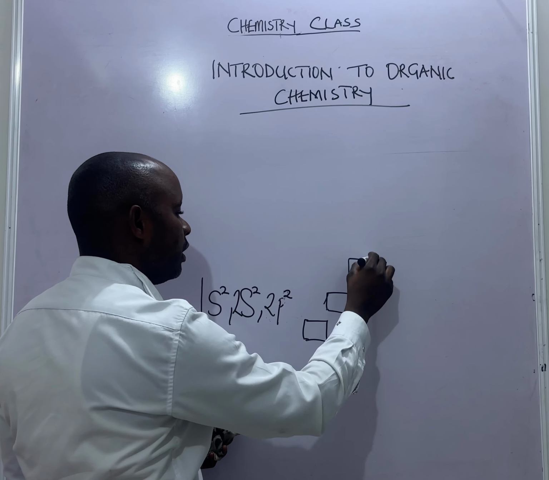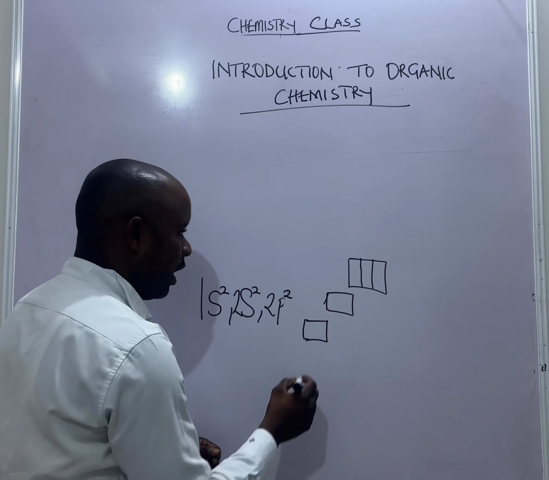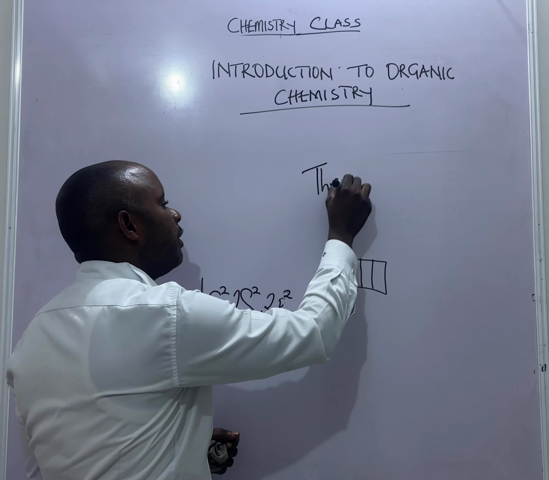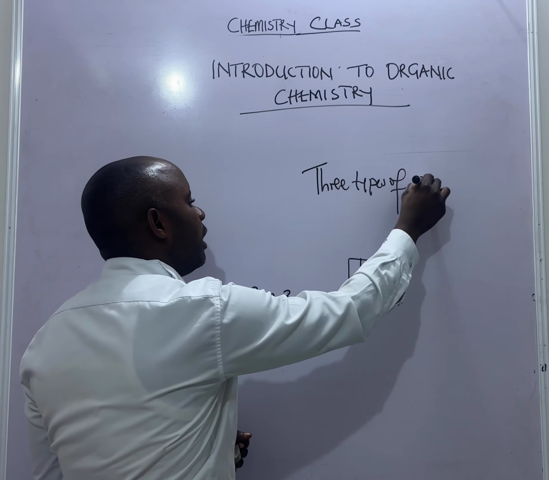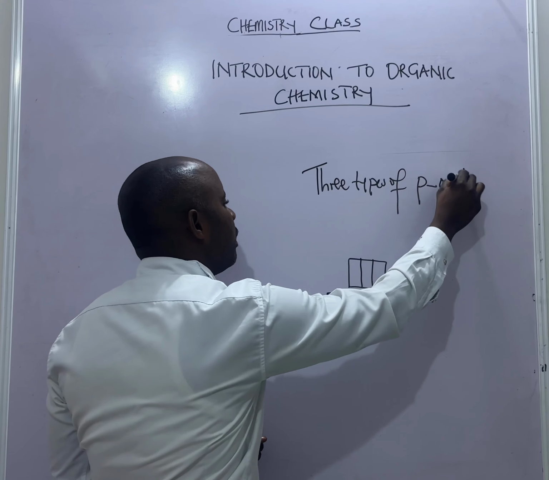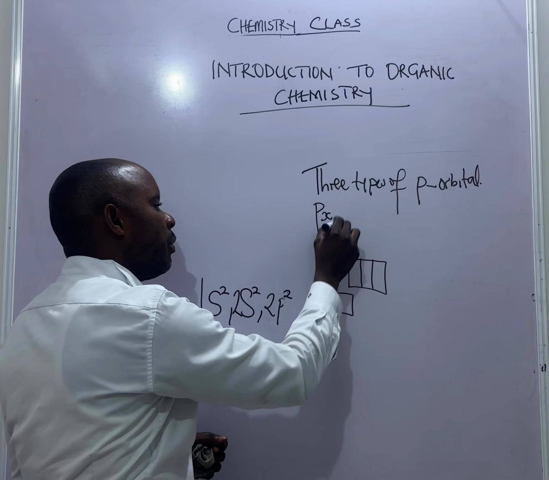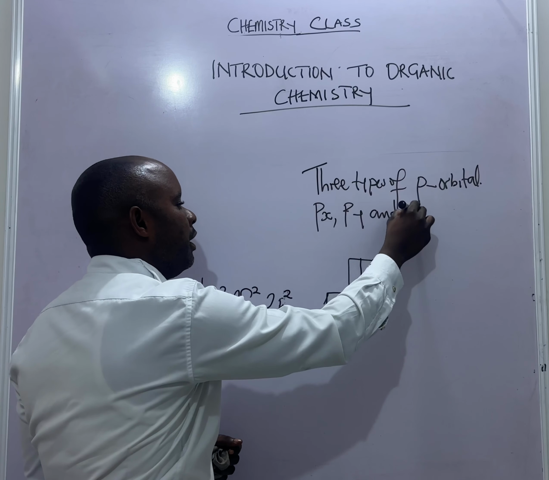We said we have three types of p orbital. In this regard, we have the px, we have the py, and the pz.